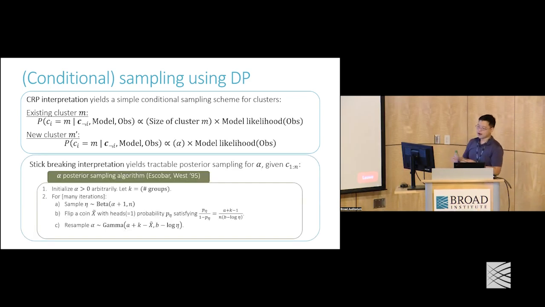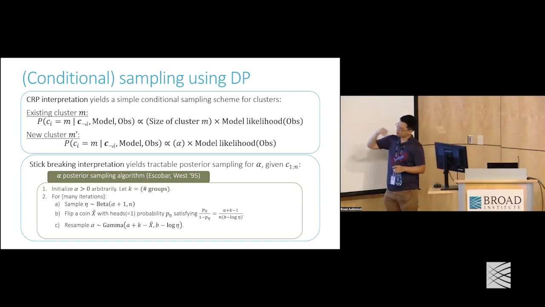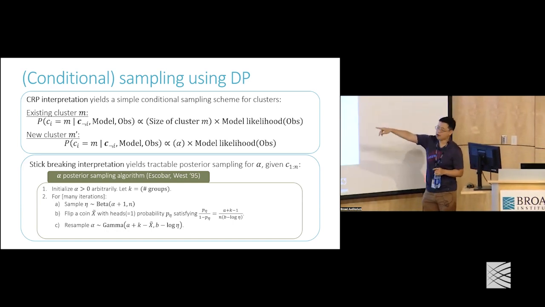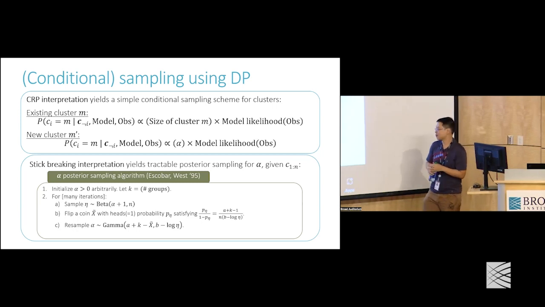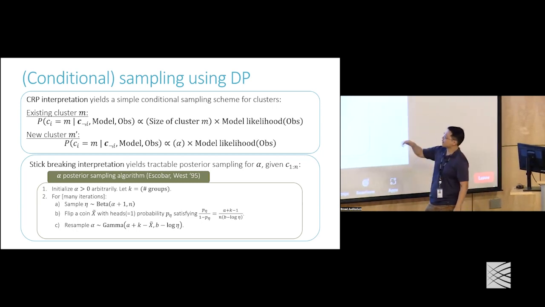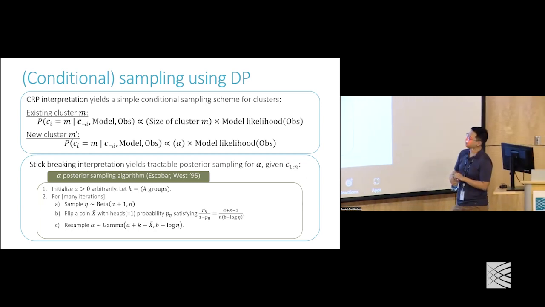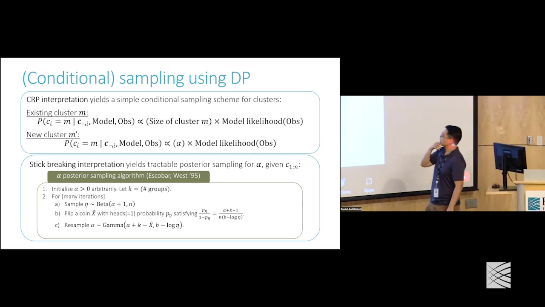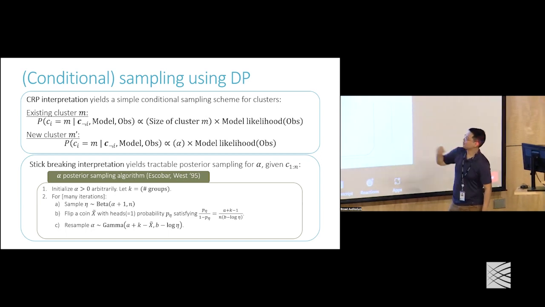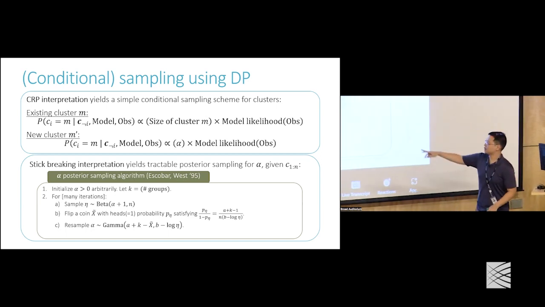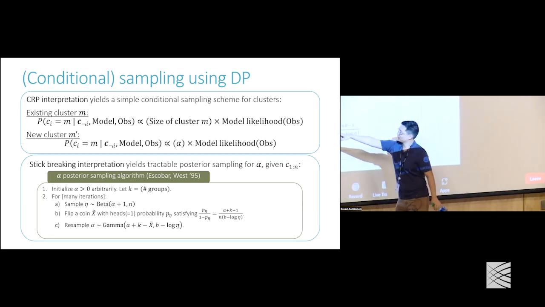Now, the other half is that, remember, we put a gamma prior on alpha, and this is why we did this. There's a very nice sampling algorithm for sampling the posterior. The idea is that you sample alpha using an auxiliary variable eta.